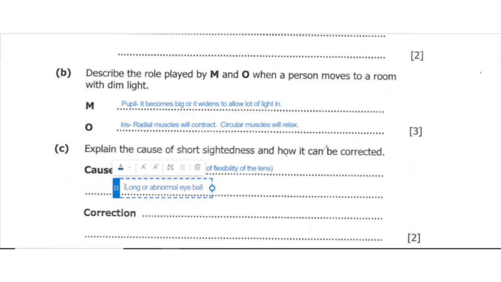Long or abnormal eyeball will also cause someone to be short-sighted. So basically, these are the two reasons why someone will be short-sighted.